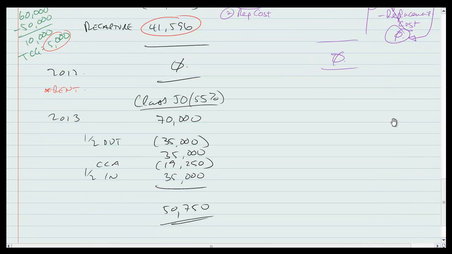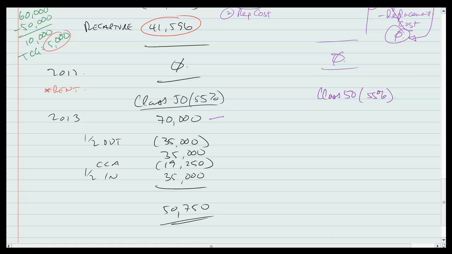So what ends up happening then? We go forward into 2012, nothing happens. 2013, same thing. We have a new asset, new class, so that's fine. The replacement can go into a different class if it needs to. And then what we have to do, just like we did before, is reduce what comes into the pool by two things.